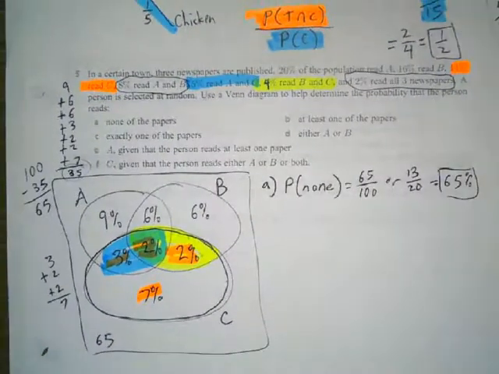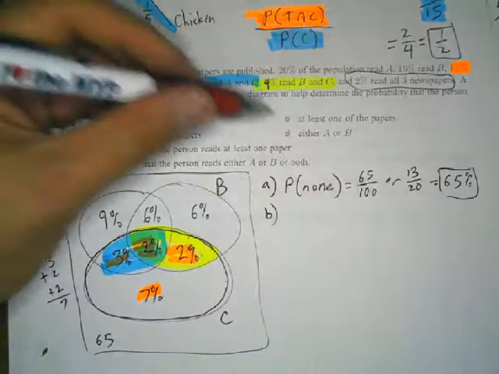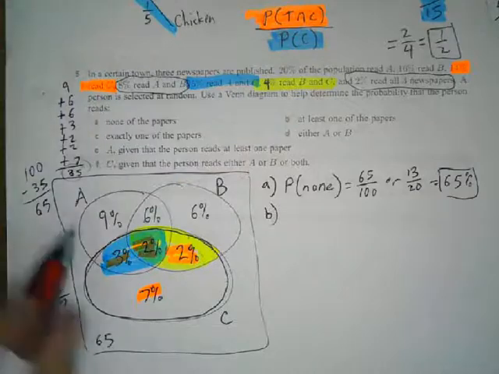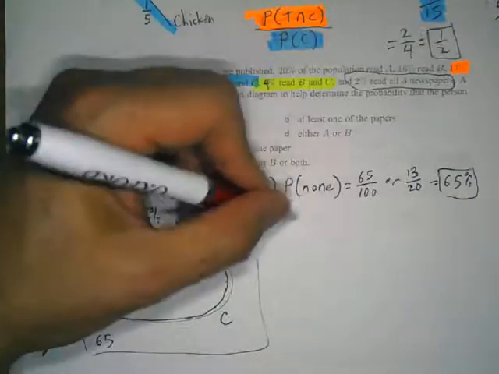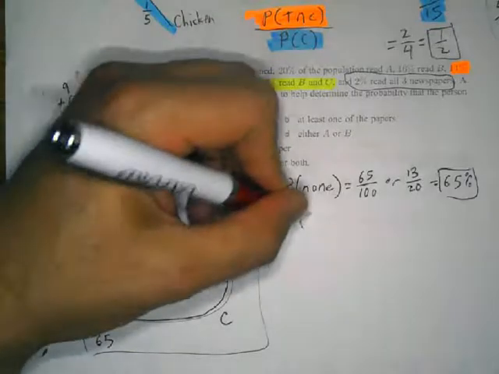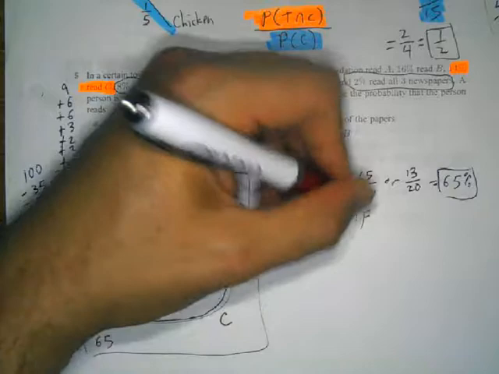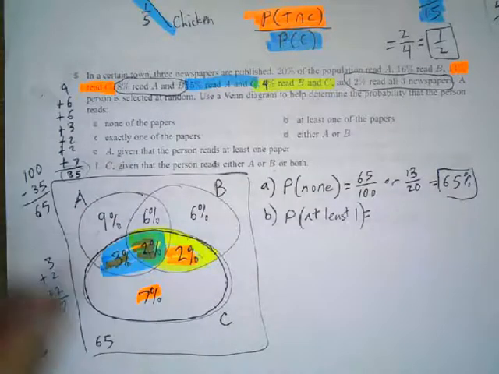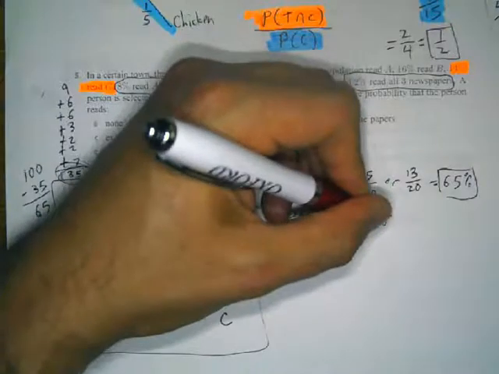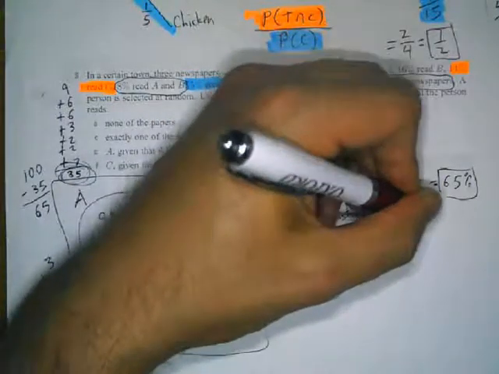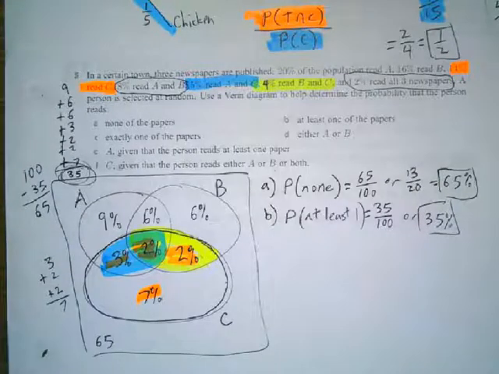Okay, question B. At least one of these papers. So I'm going to add all of these together to get at least one. So at least one is going to be, if I add all these together, we know that's going to be 35 over 100, or 35%. Okay.